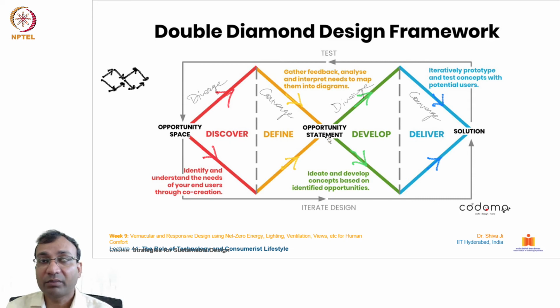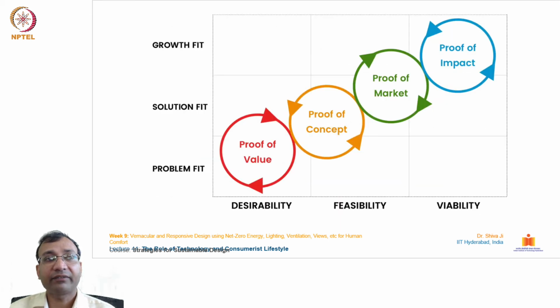From here you again start diverging, to consider different concepts, different ways to deal with this situation, and finally again you start converging to deliver the solution. So this is the double diamond you see over here. This is diverging, then converging, coming to a point, then again diverging, becoming broader, and then again coming to a point. This is the standard template for a design framework.